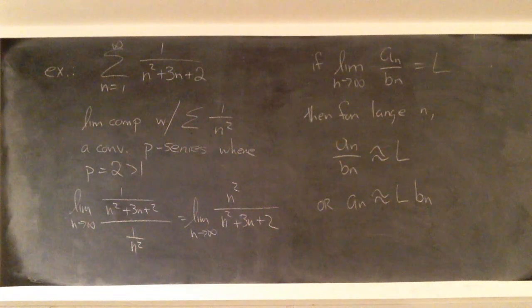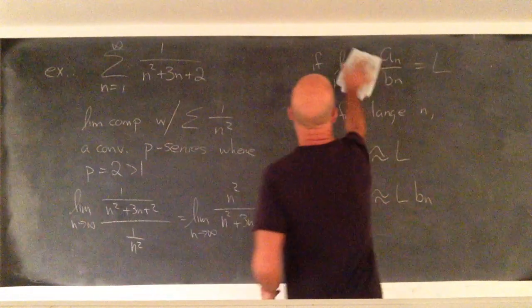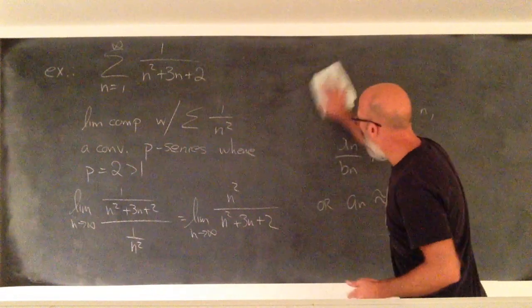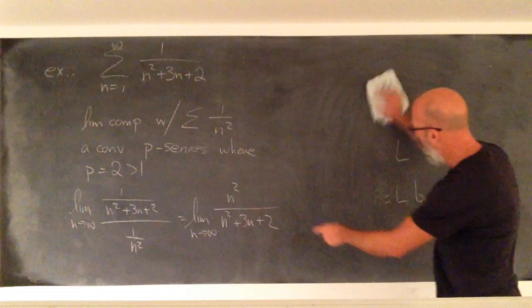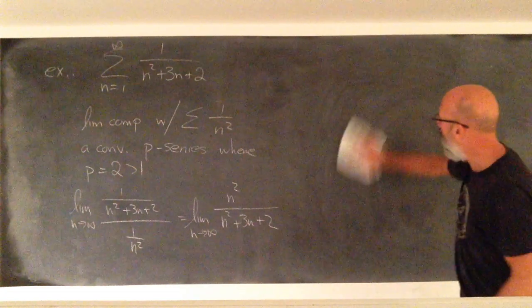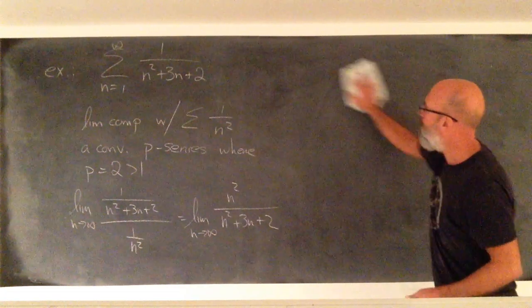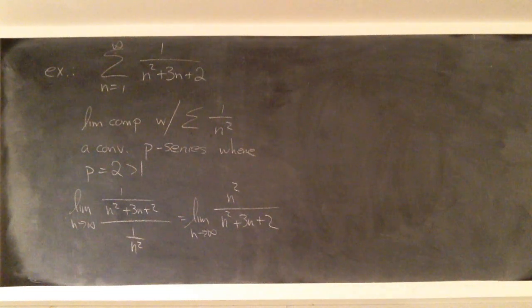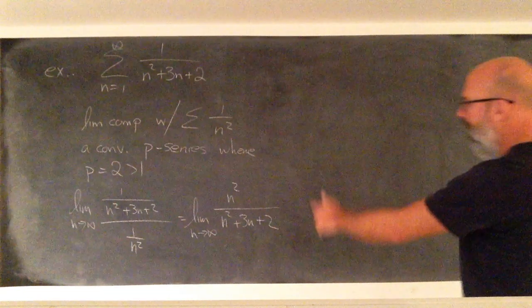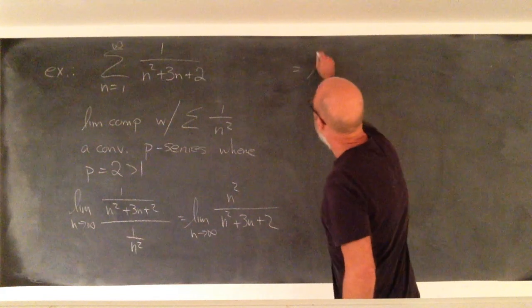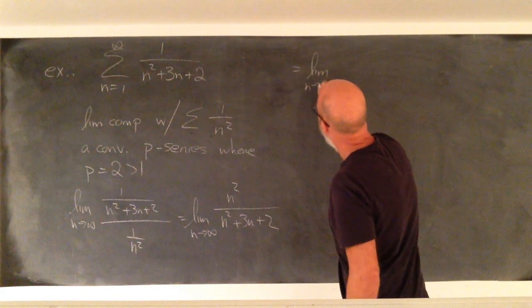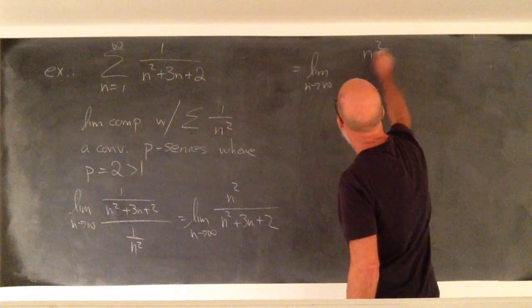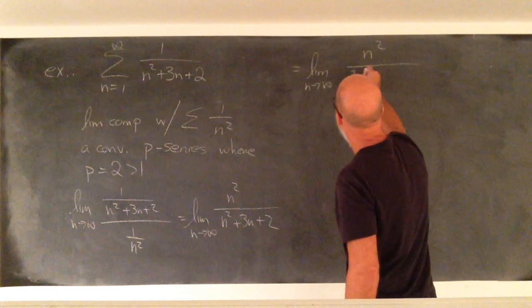As n goes to infinity, this has the form infinity over infinity. So you have options. You can do L'Hopital's rule, or you can factor out an n squared from the bottom. Let's do that.